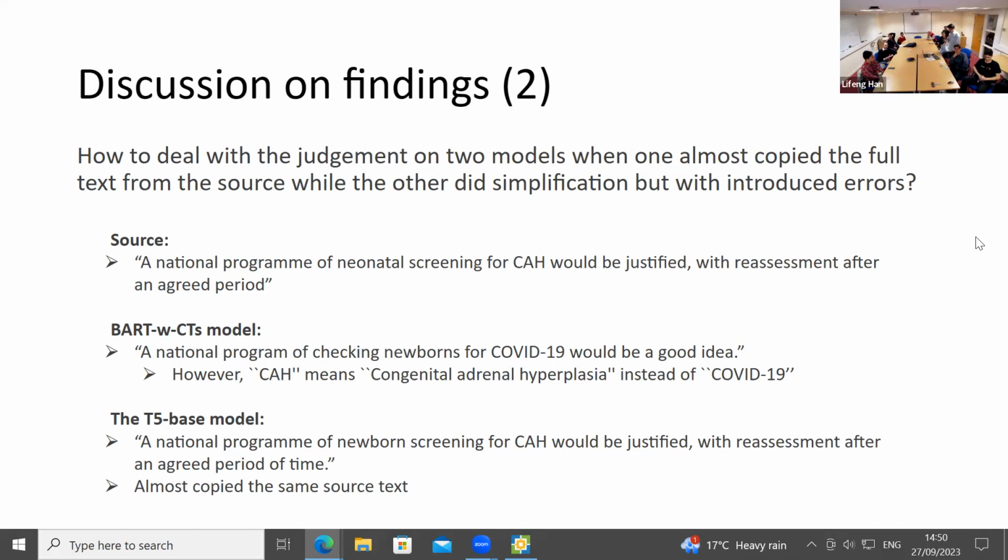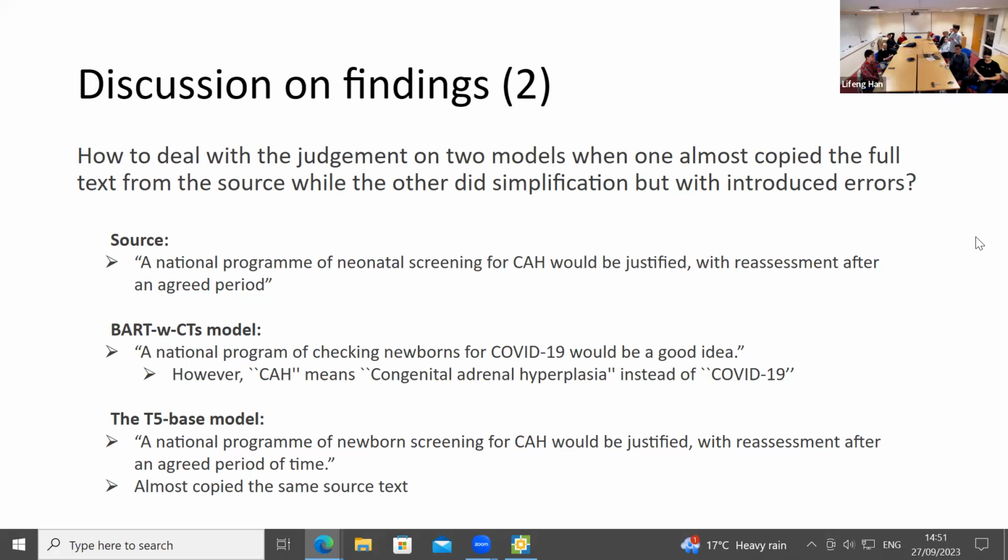If we do separated evaluation from meaning preservation, T5 will get the full score, let's say 5 on a 0 to 5 scale. But for simplification, it can be 0 because it did nothing. And then BART with control tokens, the meaning preservation will be lower because it introduced new meaning, but for simplification, people can say it's simplified.